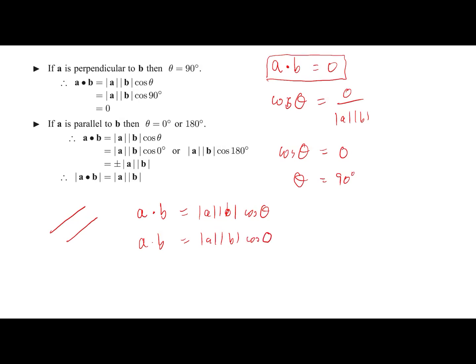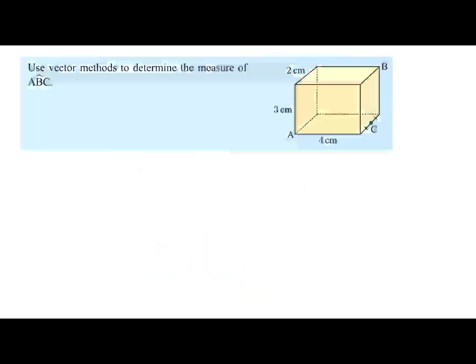Well, if the angle is 0, cosine of 0 is equal to 1, so that would imply that A dot B is equal to the magnitude of A times the magnitude of B. So this result here would imply that you've got two vectors that are parallel. So there's another way of establishing that two vectors are in fact parallel. If the dot product is equal to the magnitudes multiplied together, then the two vectors must be parallel. Okay?